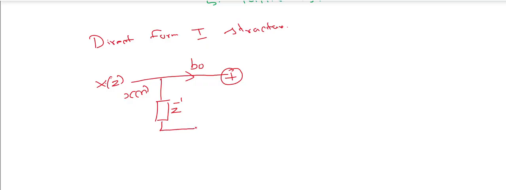Then it should be given to b0 again. The output is b0 into X of Z. Then here, b1 into z inverse into X of Z, the output of the delay element. Then both will be added here, this is the adder.